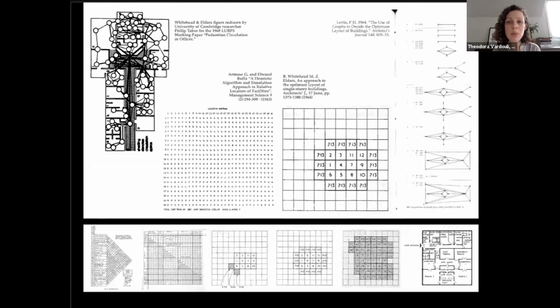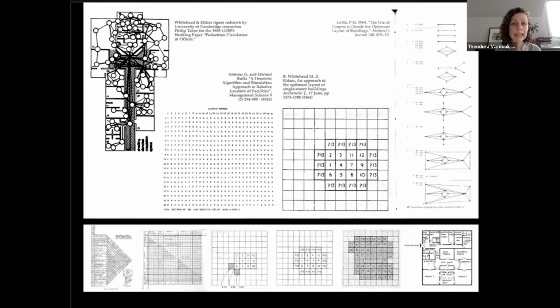So graph-based representations of floor plans became quite prevalent in a key area of research in early computer-aided architectural design, or CAD. And this area was known as space allocation or automatic spatial synthesis. Space allocation occupied a large portion of early work on CAD and drew from methods that were initially developed in building science.